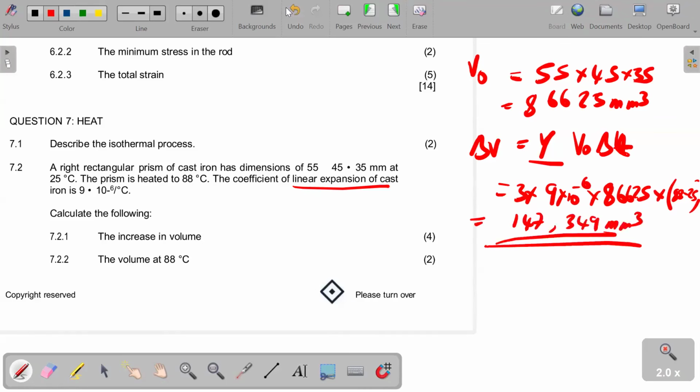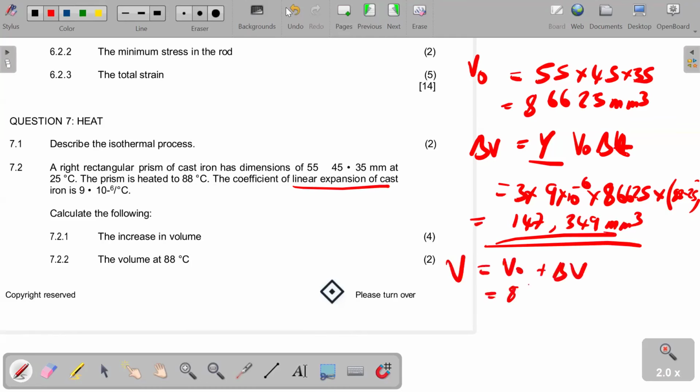Right, so now we want the volume at 88 degrees Celsius. The volume at 88 is simply going to be given by the original volume plus the change in volume.